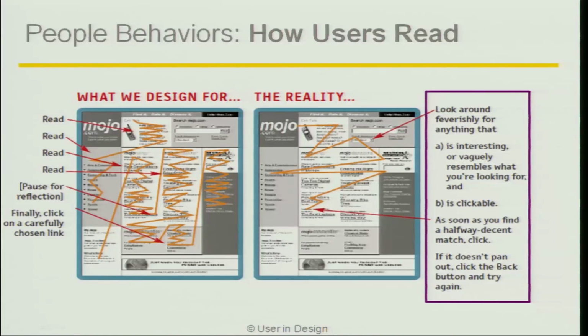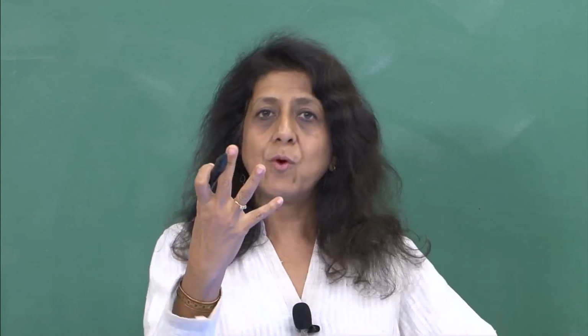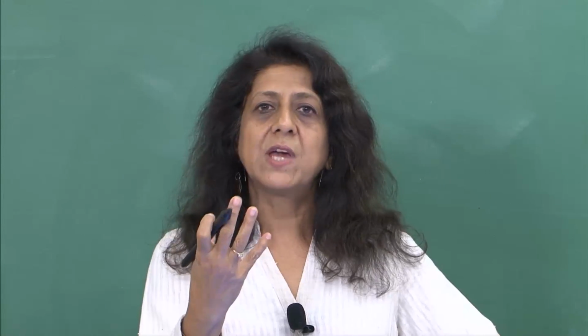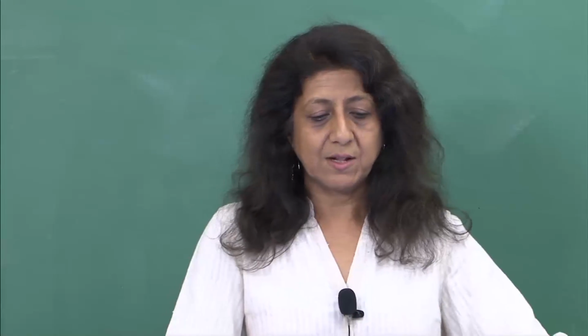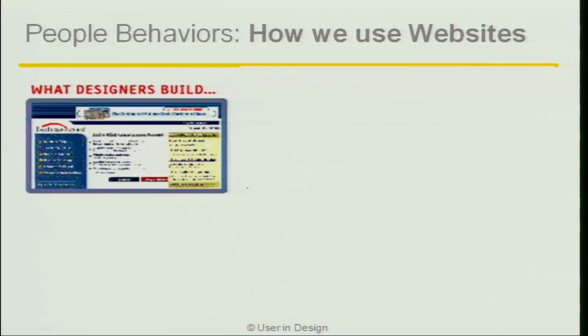They do not behave this way. Even though this is the way we would love if they behave, that is not how they behave. Okay, so don't expect people to read everything or even half of what you write. Okay, so without all that, how will you grab their attention? How will you get them to get through what they need to get through in the design that you're creating?